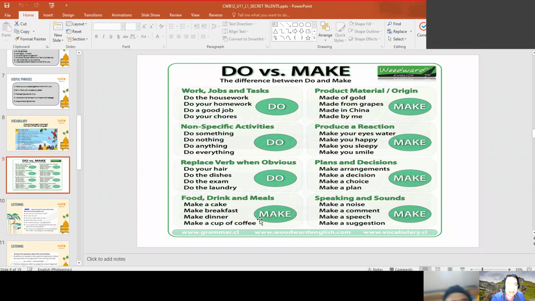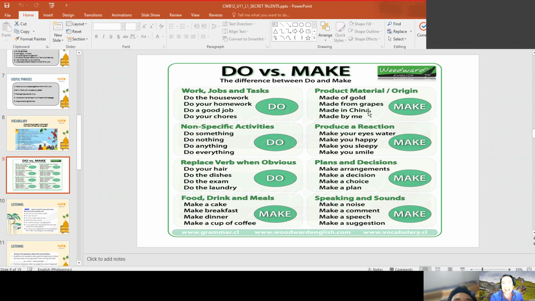Next, we use make if we're talking about product material or origin. For example, your ring is made of gold. You can also say made from grapes, because that juice came from grapes.